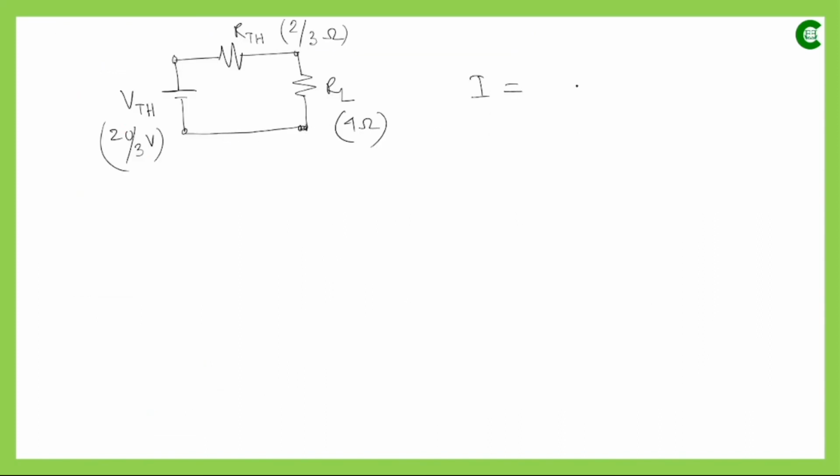So the current will be simply 20 by 3 divided by 2 by 3 plus 4. So finally it will be 10 by 7, that is 1.429 ampere. So this is the way we can apply the second method to Theveninize an electrical network where we have a dependent source. So this is the end of this class. Thank you.